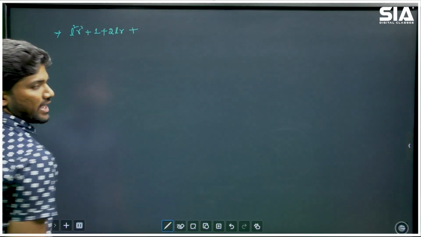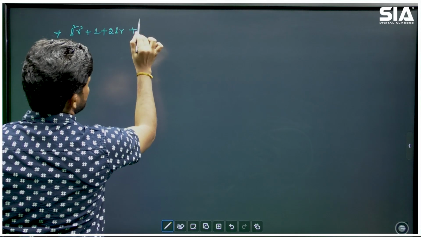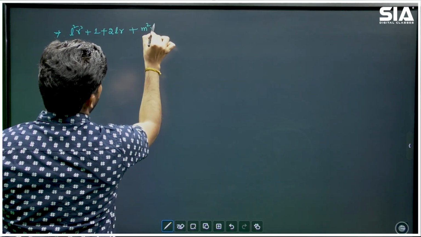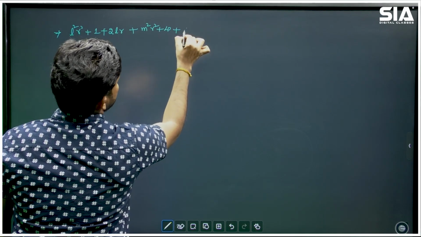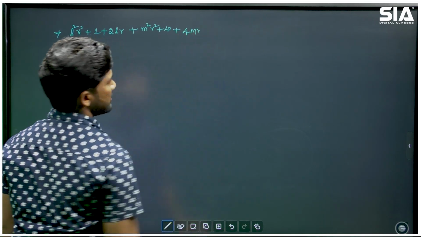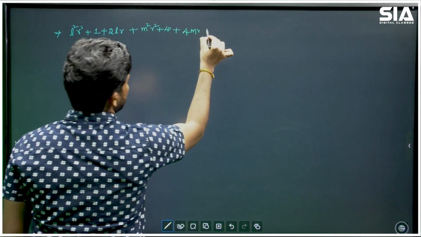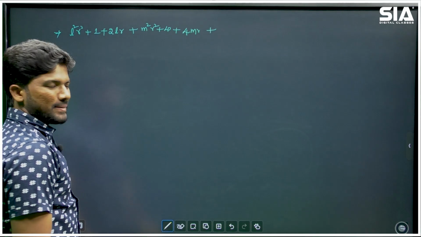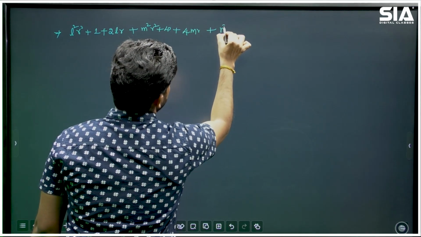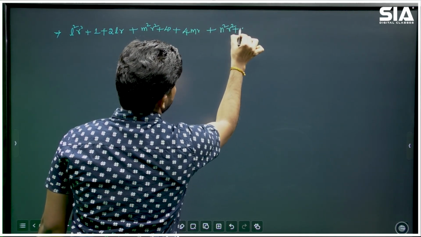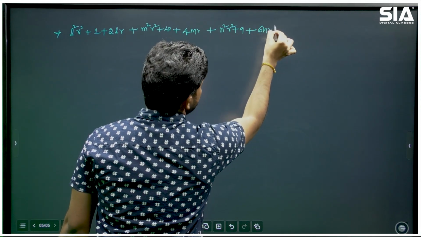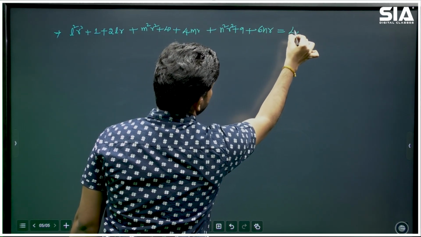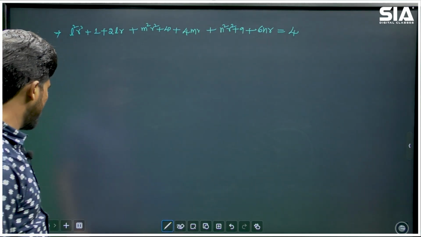Next, (MR plus 2) whole square, that means M square R square plus 4 plus 2 into 2, that is 4MR. This is the value. Next the third value, (NR plus 3), that means N square R square plus 3 square, that is 9, plus 2 into 3, that is 6NR, is equal to, what is the RHS value? RHS value is equal to 6.